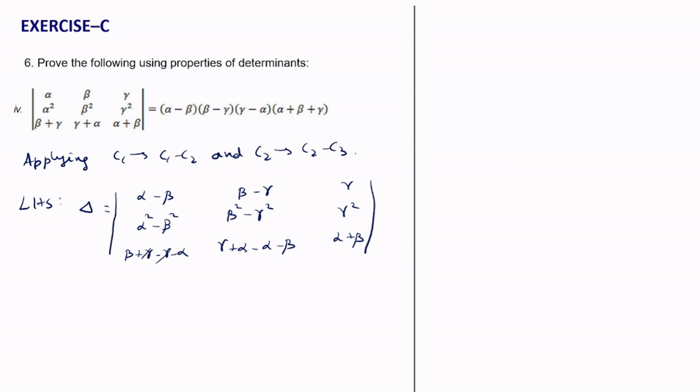So plus gamma minus gamma will go, plus alpha minus alpha will go. Here we can see that alpha minus beta is common and here beta minus gamma is common, which can be taken outside.